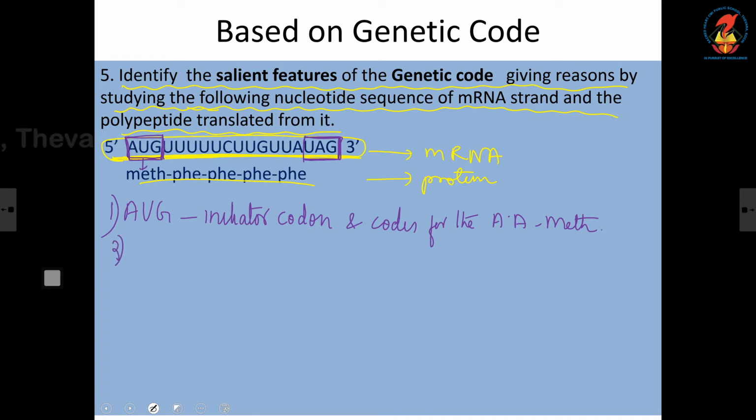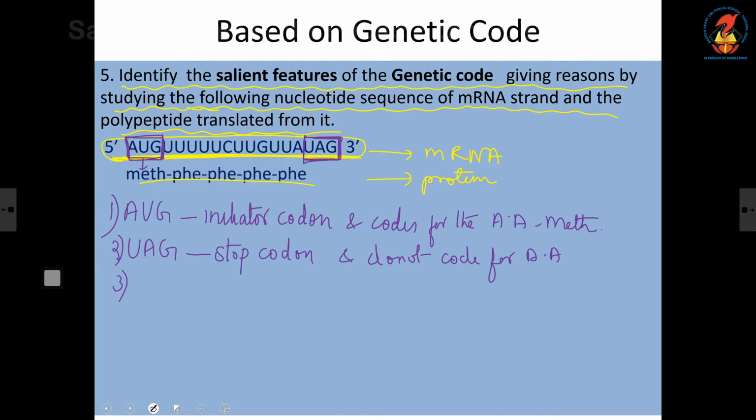Second, you got it from the end, UAG. Do you know what is UAG? It is a stop codon. There are other stop codons, you should also remember them. They are UAG, UGA, UAA. It is the stop codon and does not code for amino acids.